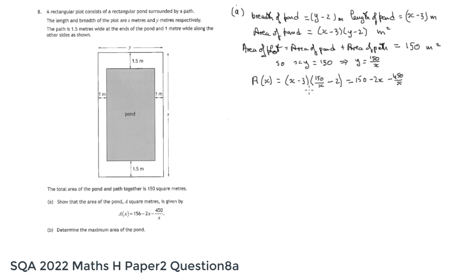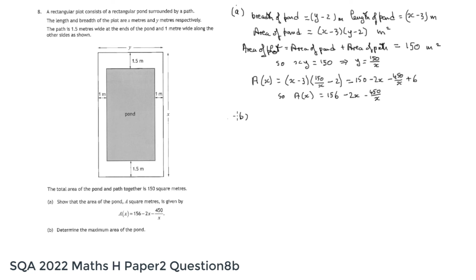And last, negative 3 times negative 2 is plus 6. So finally, if we simplify that, it's 150 plus the 6, minus 2x, minus 450 over x. And that's precisely what we were asked to show. So that's part A completed.